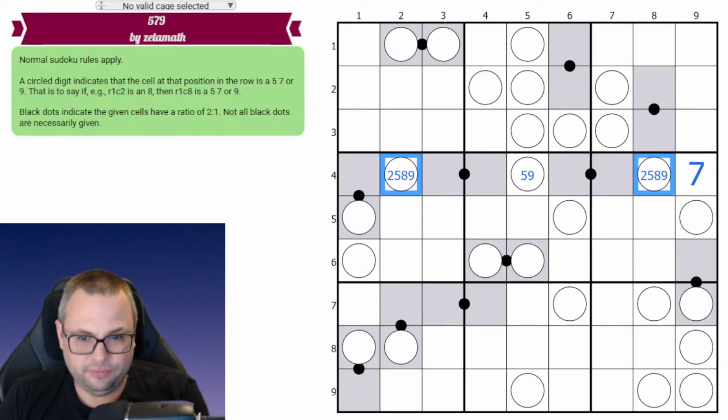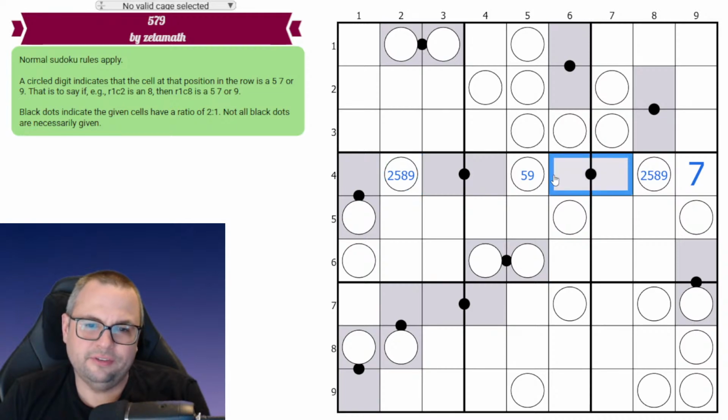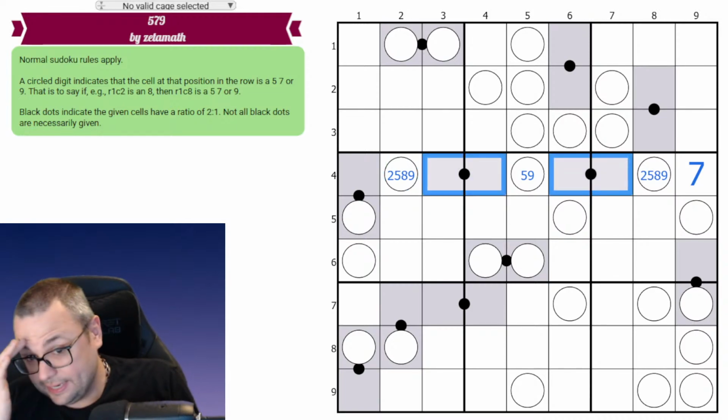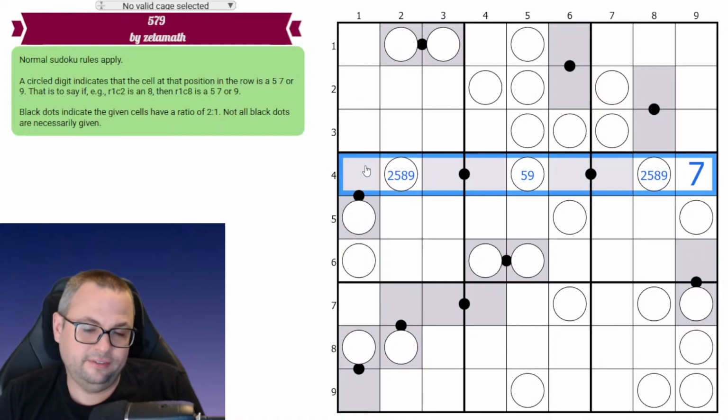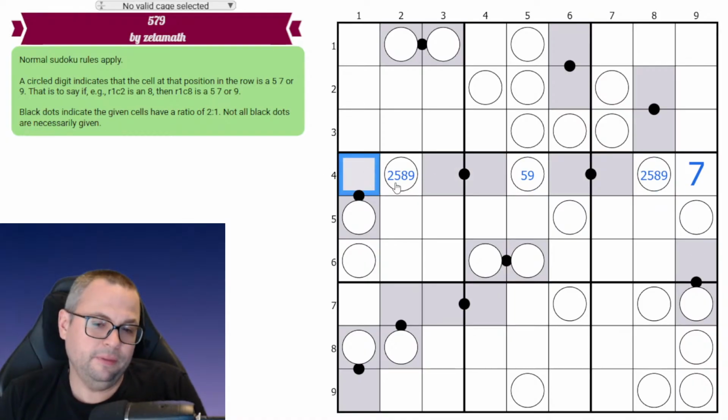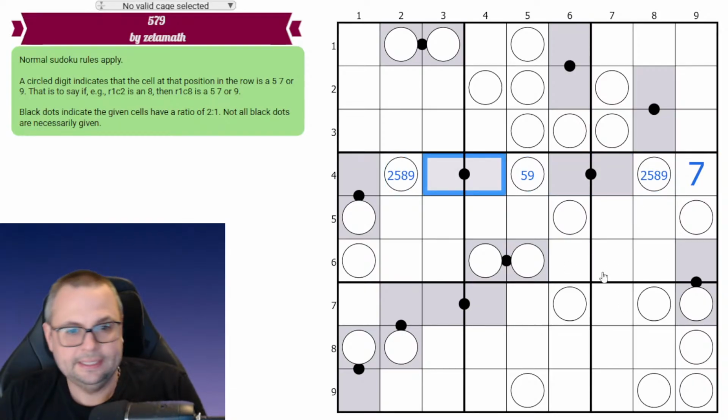So these are always from 2, 5, 8, 9. And so that means there's always a 3, 6 on one of these black dots, because I need to put 3 and 6 somewhere in this row. And if I put 1 there, I need to put the other off the black dots. So one of these is a 3, 6.